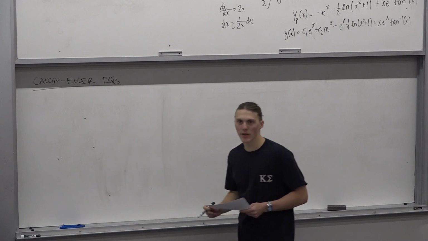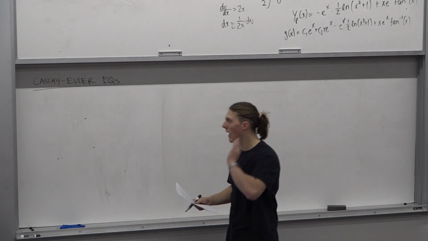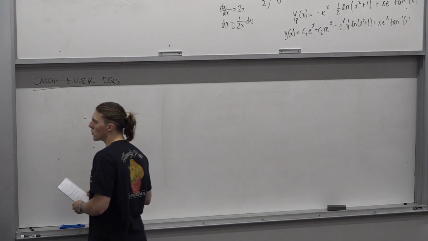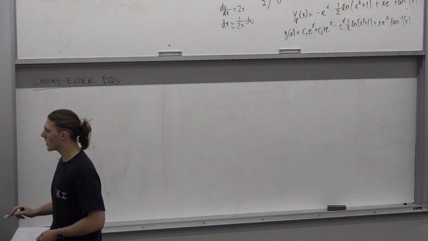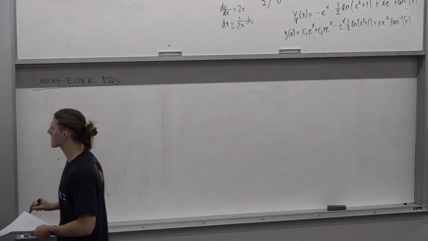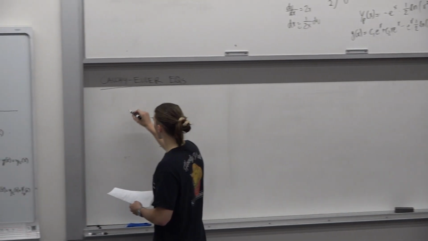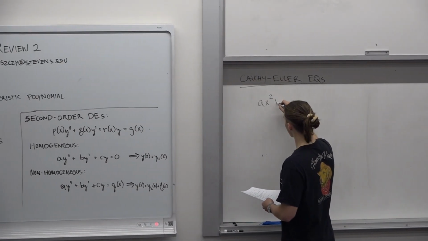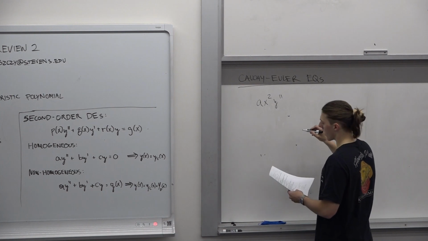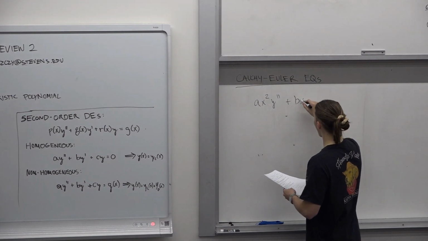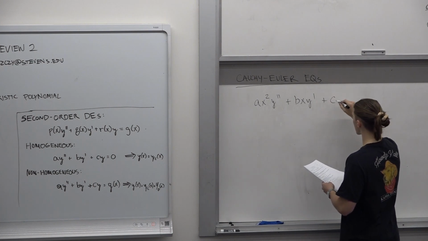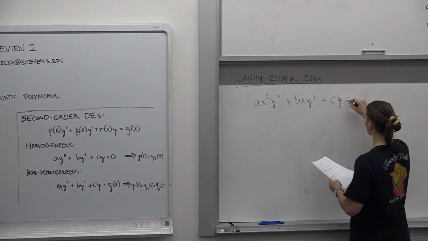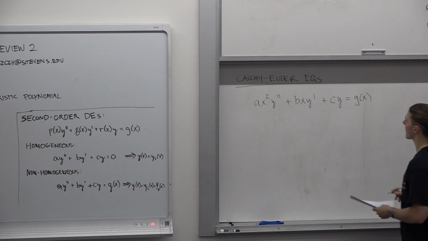So what we have here is we're looking for a new form of second order differential equation. We no longer have constant coefficients. What we have is something that looks like this: a x squared y double prime plus b x y prime plus c y equals g of x.